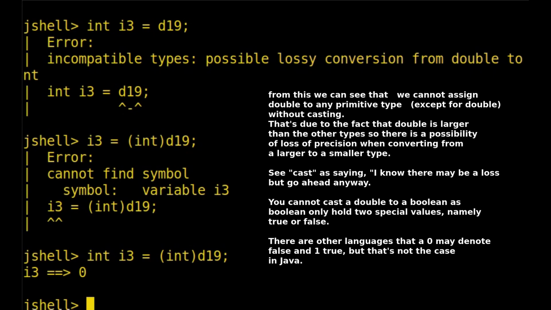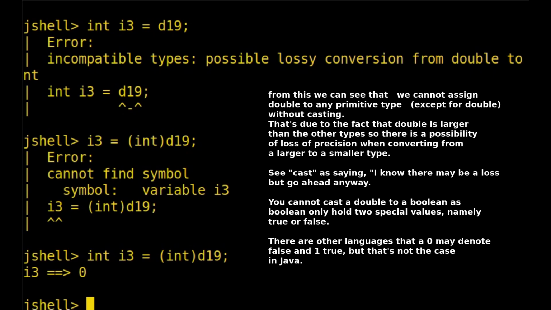So from this we can see that you cannot assign a double to any primitive type except for double without casting. Okay, and that's due to the fact that double is larger than other types, so there is a possibility of loss of precision when converting from a larger to a smaller type.